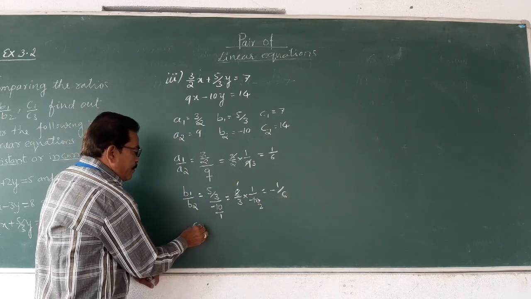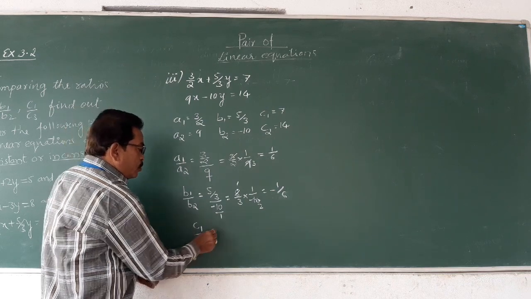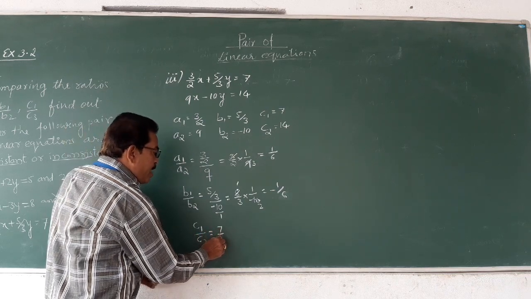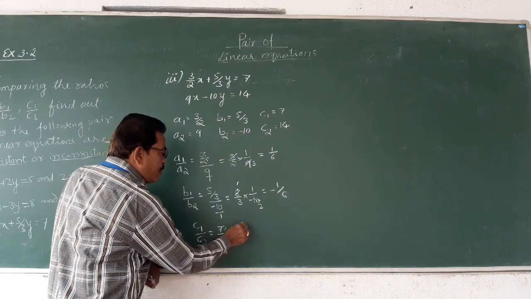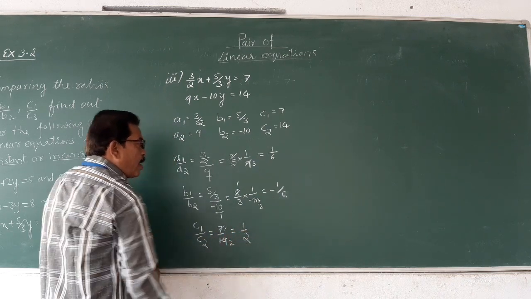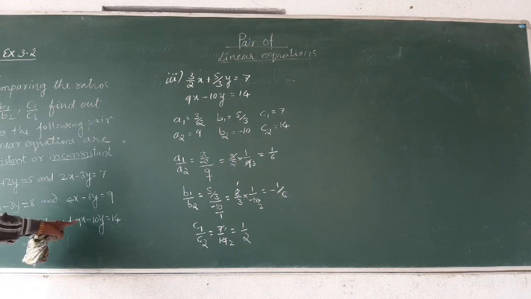Then C1 by C2 equals 7 by 14, which is 1 by 2. Now 3 by 2x plus 5 by 3, that is 9x minus 10y.